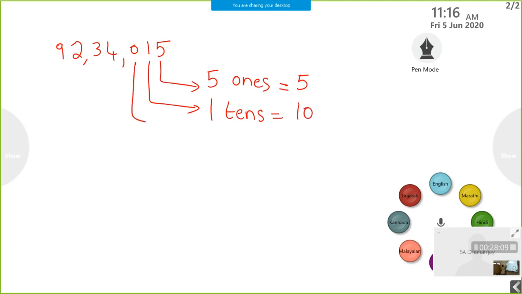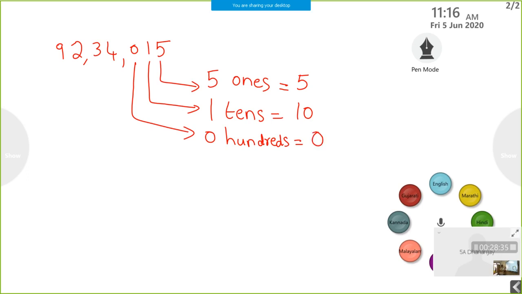Then coming to the next digit, it is 0 in the hundreds place. So 0 in the hundreds place is 0 hundreds. What is 0 hundreds? 0 into 100. When you multiply any number with 0, what is the value? It is 0.